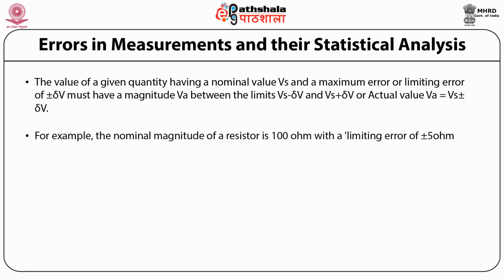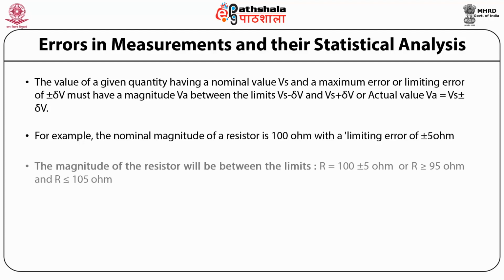For example, the nominal magnitude of a resistor is 100 ohms with a limiting error of plus minus 5 ohm. The magnitude of the resistor will be between the limits R is equal to 100 plus minus 5 ohm, or R is greater than or equal to 95 ohm and R is less than or equal to 105 ohm.